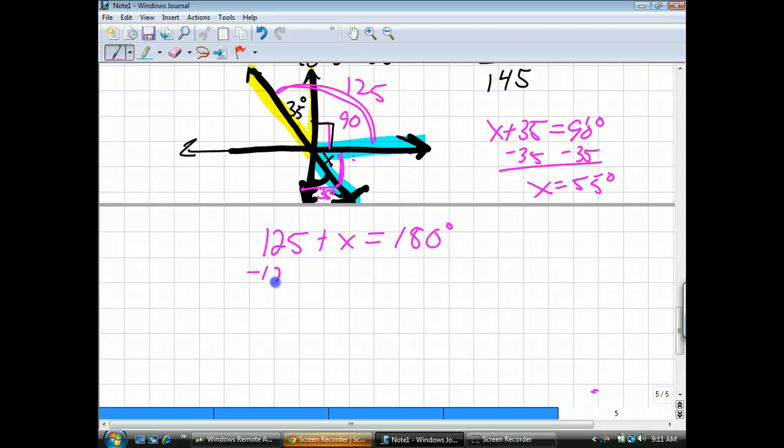And if we subtract 125 from both sides, we get 55 degrees again. Okay, so many times there's more than one way to solve it.